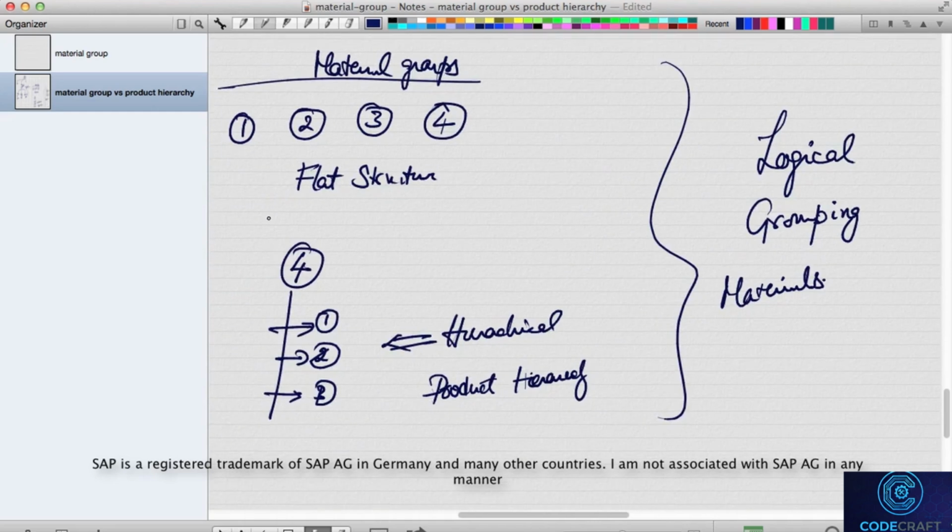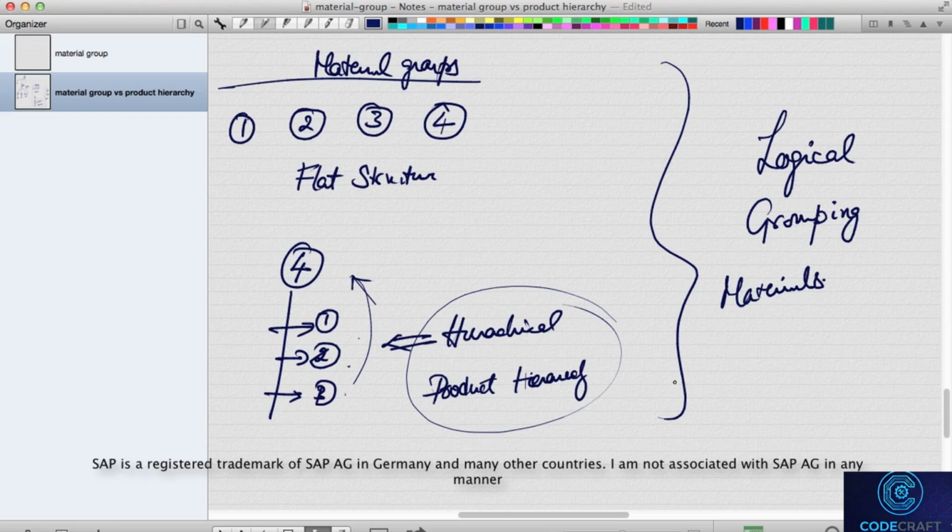The relationship between one product and the other can be specified in product hierarchy, whereas material groups is flat. So whether these revenues for these products need to be added up together, or whether they form some kind of a structure or a relationship, is something that you have to explicitly define with material groups. But whereas with product hierarchy, all of that is implicit.